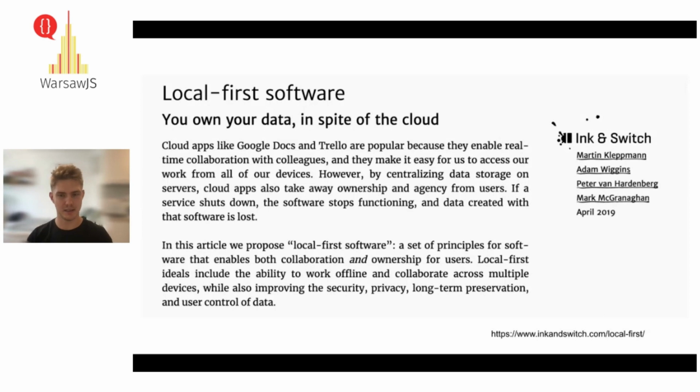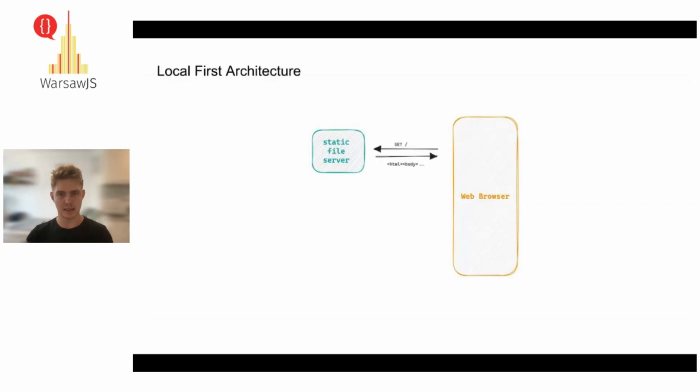But the authors of this manifesto have actually attempted to make software that's very similar to these tools, and it works offline very well, and also syncs in real time. So it's a very interesting technology under the hood that allows for that. I don't have time to speak about that today, but the idea is somewhat like this.